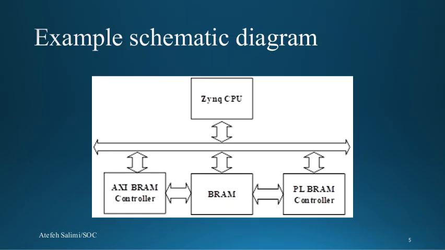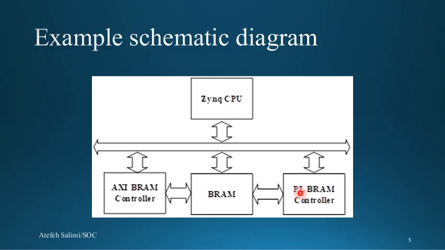Schematic diagram of this example, as you could see, we have the Zynq CPU block, the AXI BRAM controller, the BRAM part, and the PL BRAM controller. These three are available as different IP cores in Vivado, and you could add them via the add IP tool in Vivado.